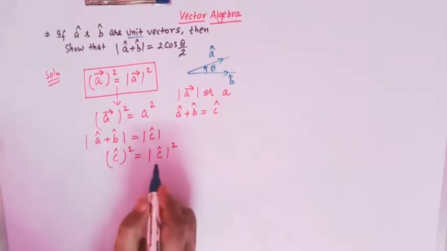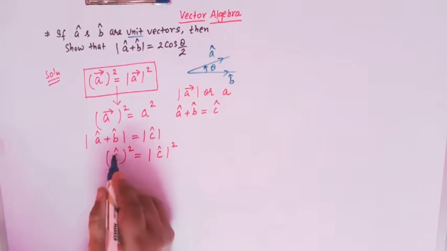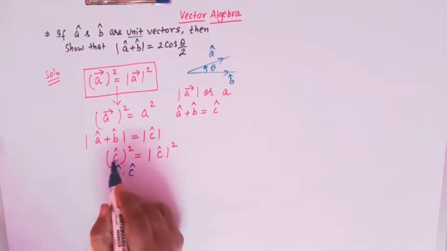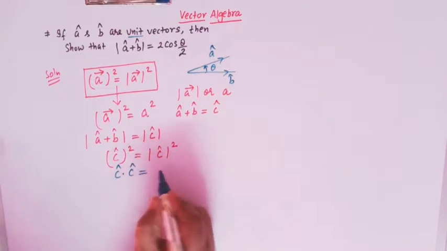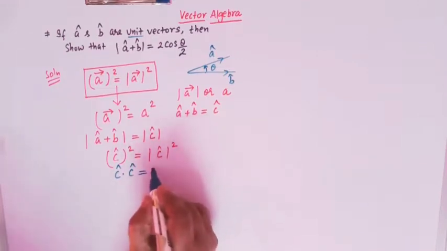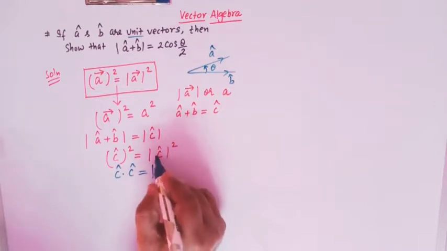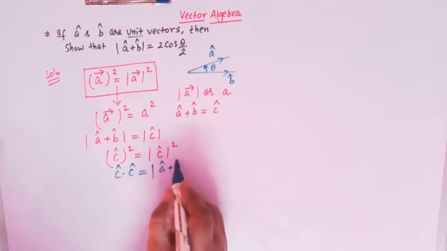Now viewers, we can write c cap square as c cap dot c cap, because the square of vector c cap can be written as the dot product of c cap with itself. And we have the square of the magnitude of c cap, and c cap is a cap plus b cap.